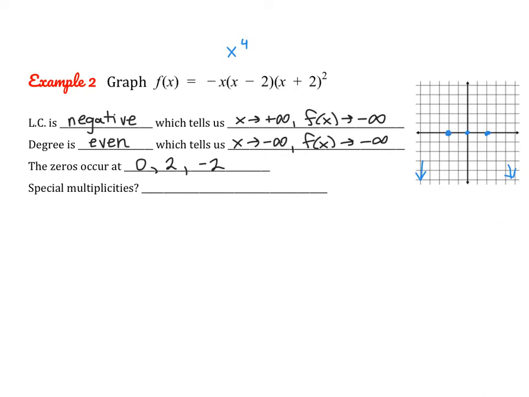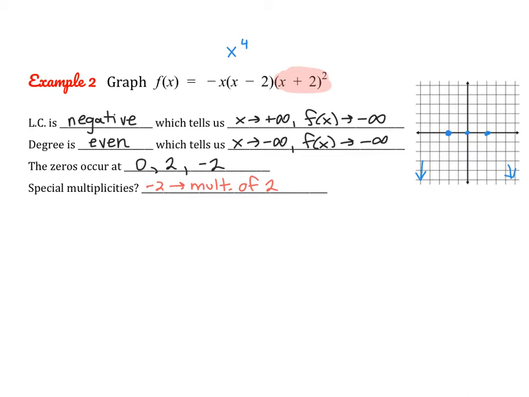And then the last thing we need to check for are special multiplicities. So here you can see that we actually have a double root. So negative 2, something special is going to happen. So we say negative 2 has a multiplicity of 2.